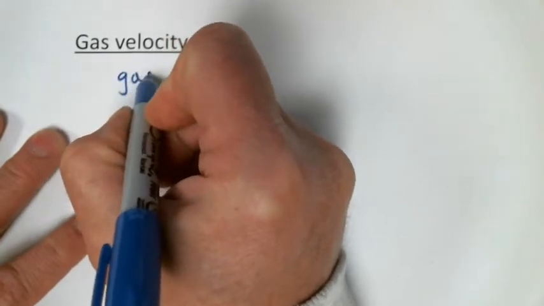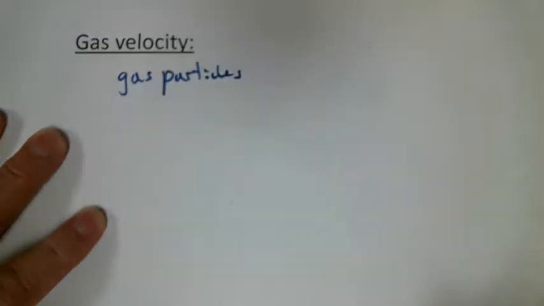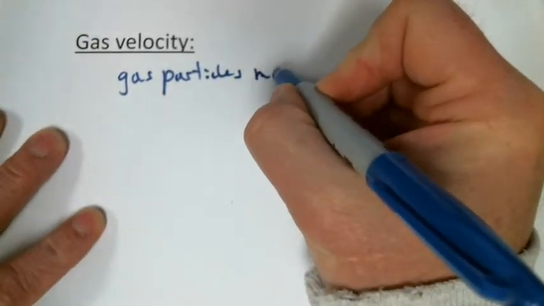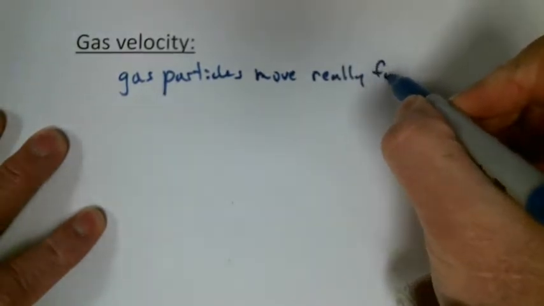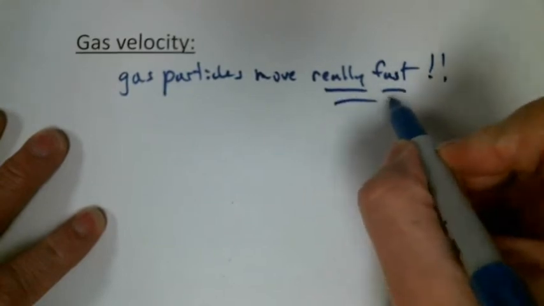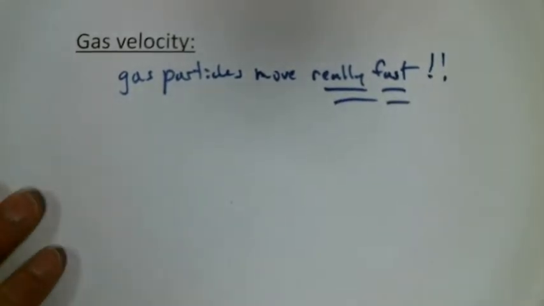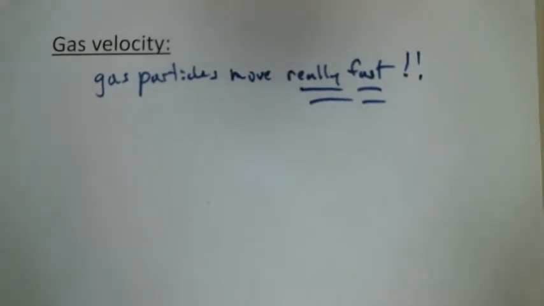Well, gas particles move really fast. I looked this up recently because I wanted to have an example for it. And of course, it depends on temperature and size of the particle and all that.